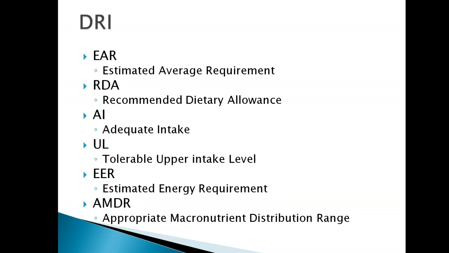Macronutrients are mostly the energy-giving nutrients, and you should know that 45 to 65% of your calories should come from carbohydrates, 20 to 35% from fat, and 10 to 35% from proteins. We'll talk more about those when we get to carbohydrates, fats and proteins. But what I really want you to know are these numbers for the AMDR and what the recommended daily allowance is. Out of everything on this slide, those are the most important things. All right?